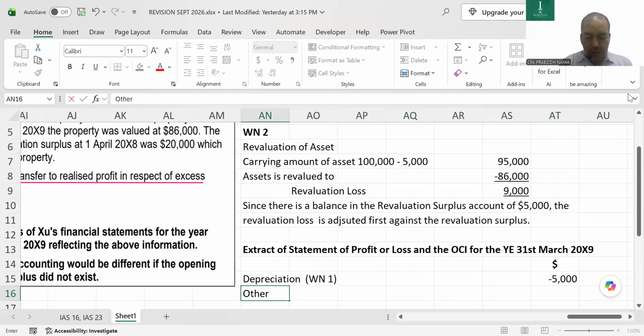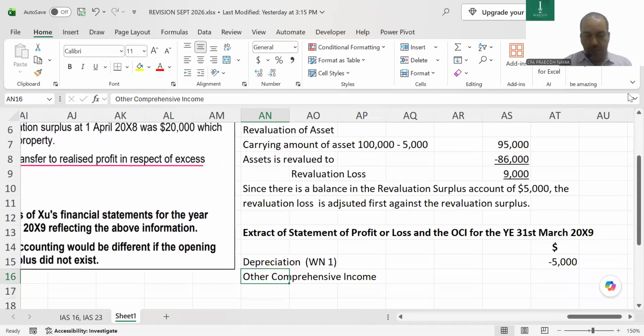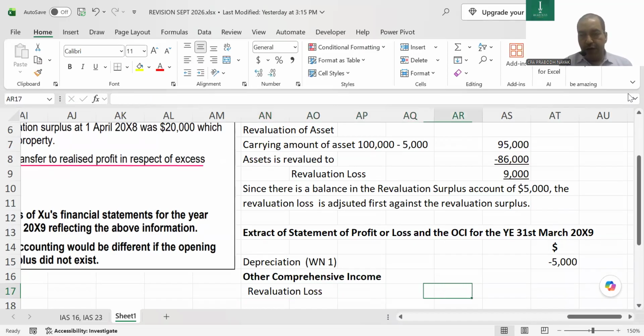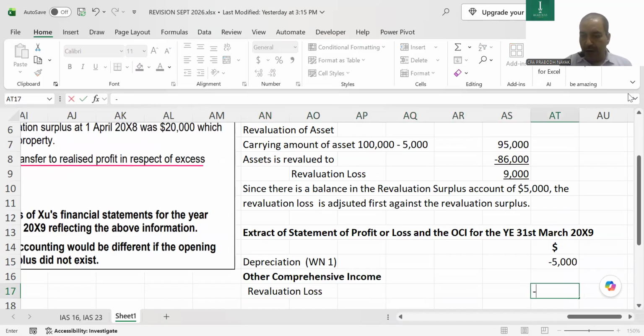Then I have other comprehensive income. Revaluation loss जो है यहाँ से एडजस्ट हो जाएगा to the extent of 9,000, तो minus 9,000.